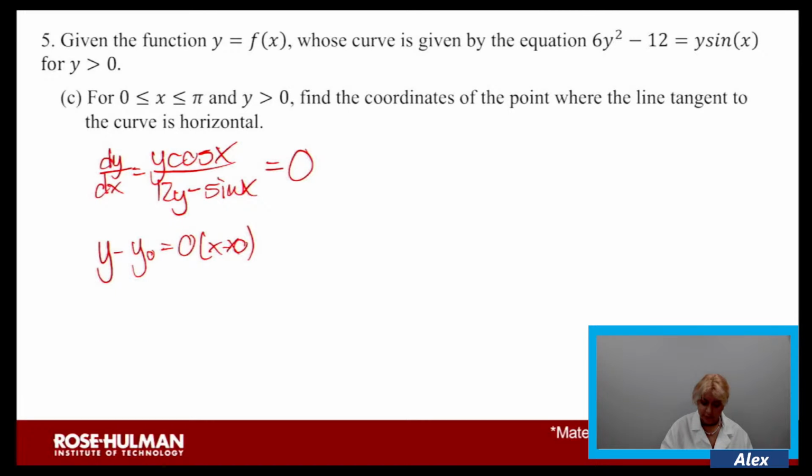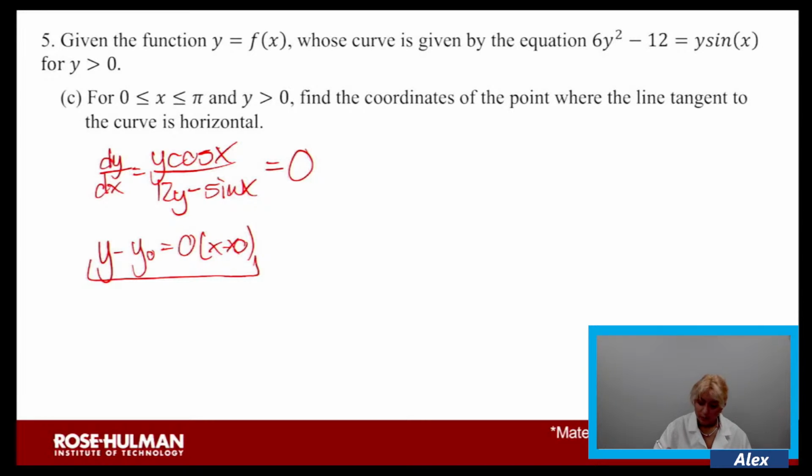And this is 0, so this part is not particularly helpful, but it tells you how this problem is different from the previous part of the problem that we did, because in the previous part we could derive it, find what the slope is at a particular point, and then simply plug it into that equation. But this one, we know that it is horizontal, and we want to find where on the graph there is the point where the line tangent to that point is horizontal.